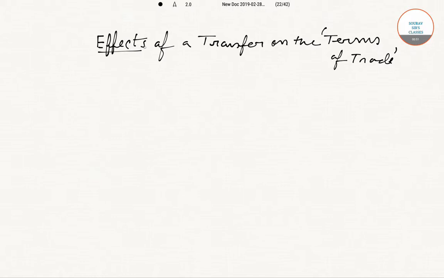So what are the effects of a transfer on terms of trade that we need to figure out?